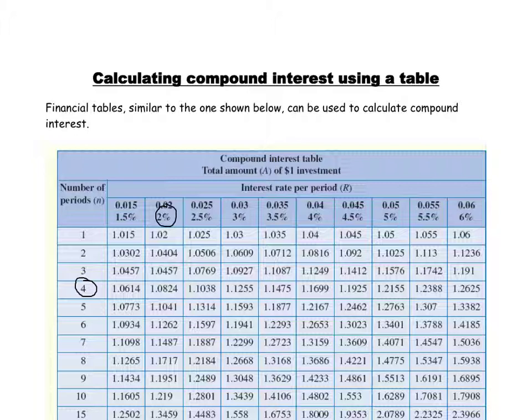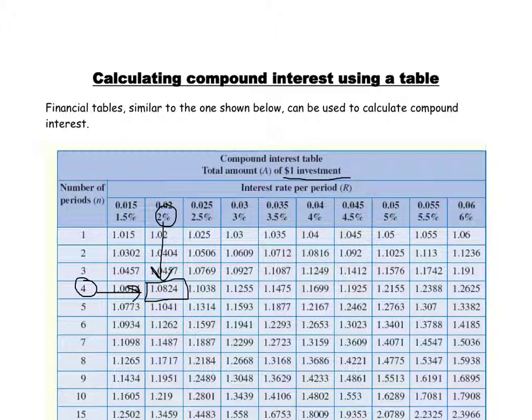And you'll see that that corresponds to this number. That means my $1, which is up here, will grow to $1.0824, which is about $1.08, over a 4-year period at 2%.